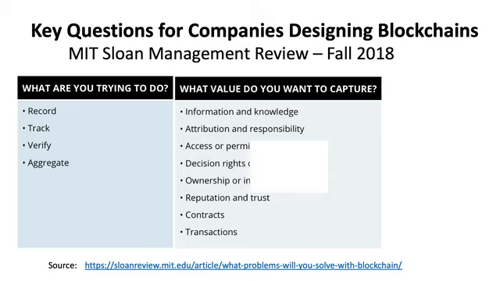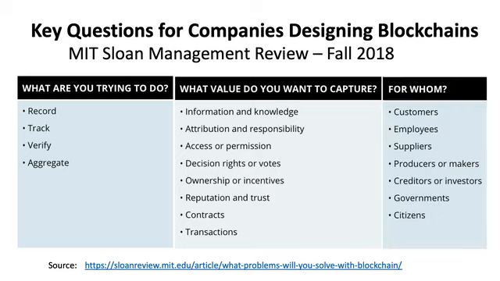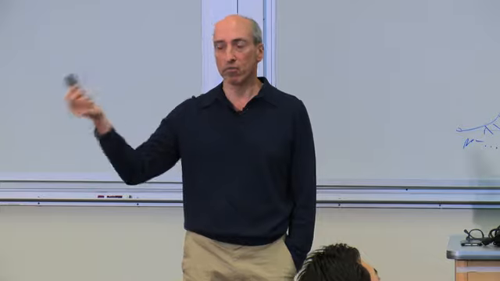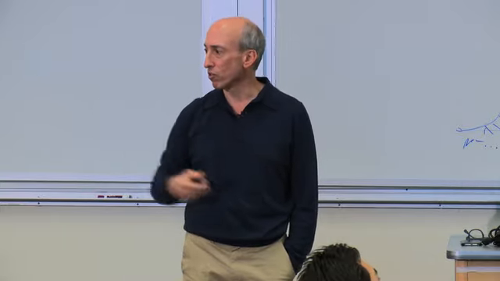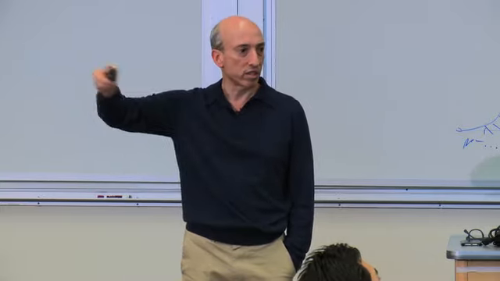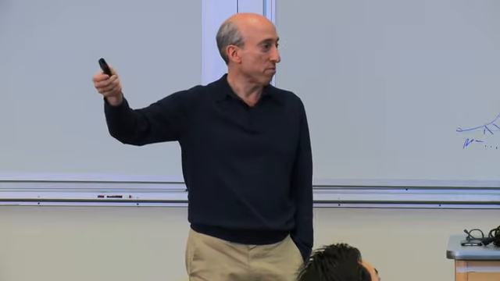What value do you want to capture? Literally, here's a list of the things you might want to capture. Is it about contracts? Is it about permission? But what is the value we're trying to capture? And for whom? Obviously, is it for suppliers or customers and so forth? So it's another slice by thoughtful people at MIT.